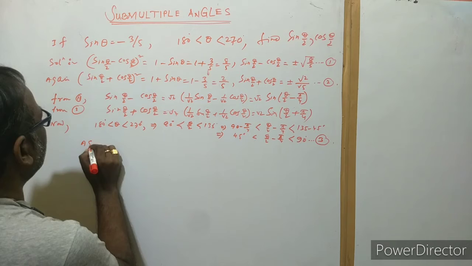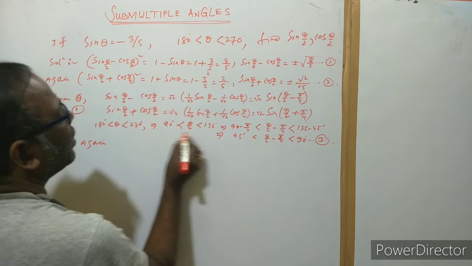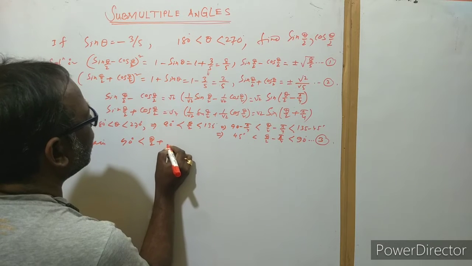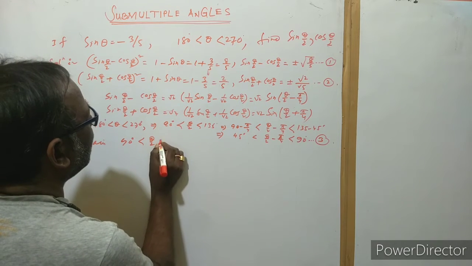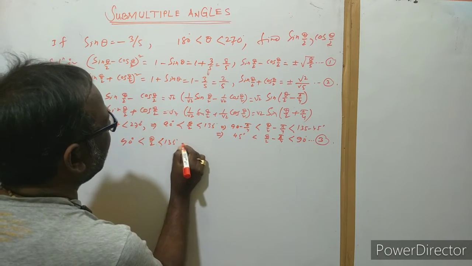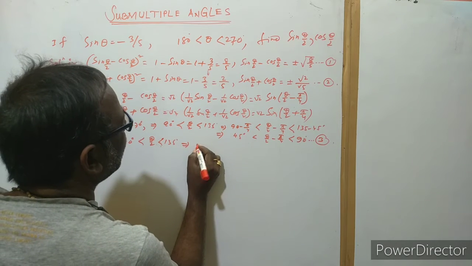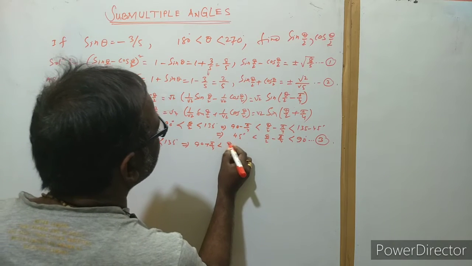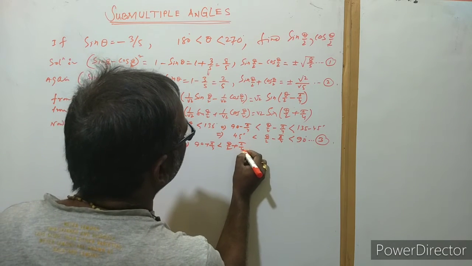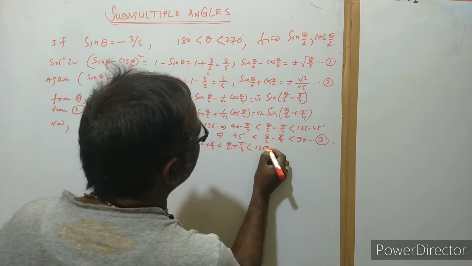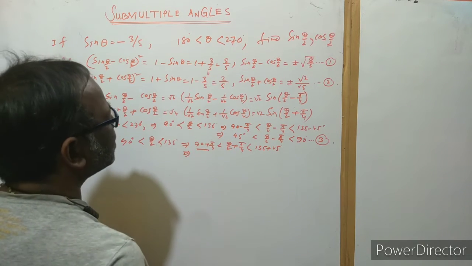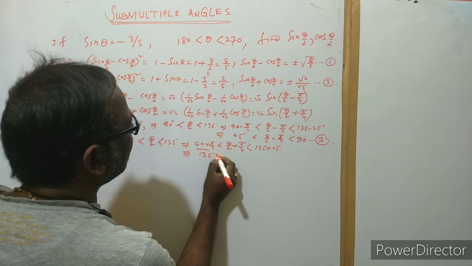Similarly again, 90 degrees, this is theta by 2, 135 added with 45, so 90 degrees plus pi by 4, this is theta by 2 plus pi by 4, and this is 135 plus 45, and pi by 4 means 45. If we add, this is 135 plus 45, 180.